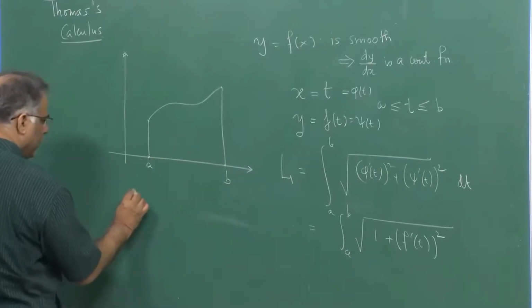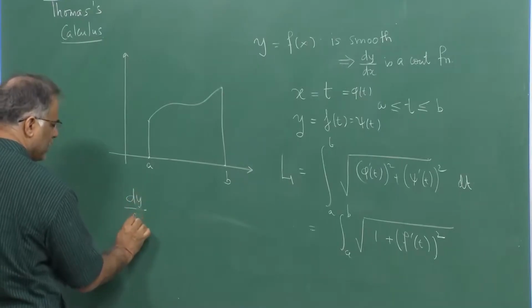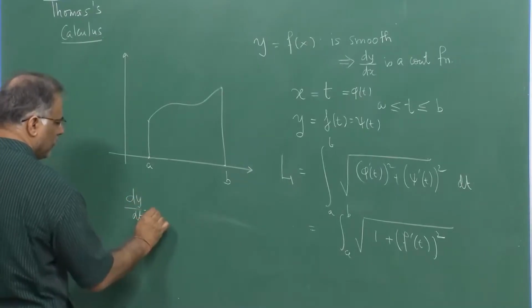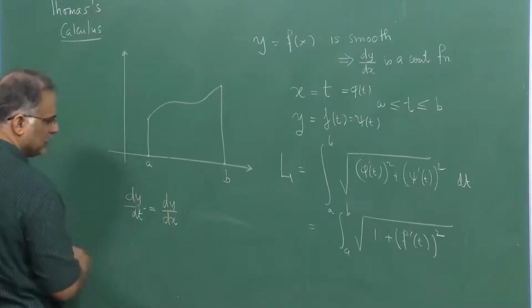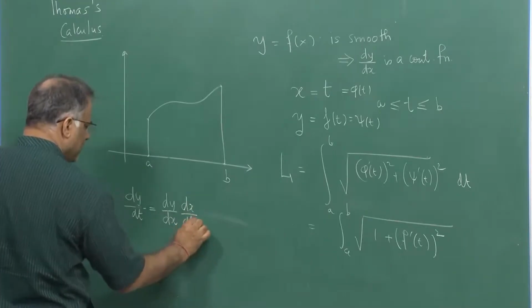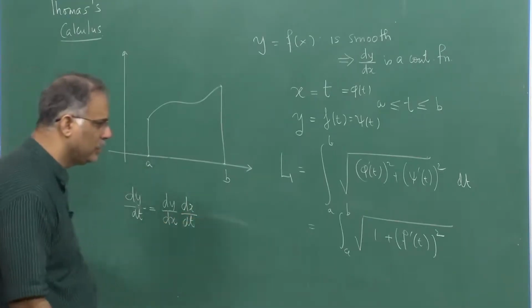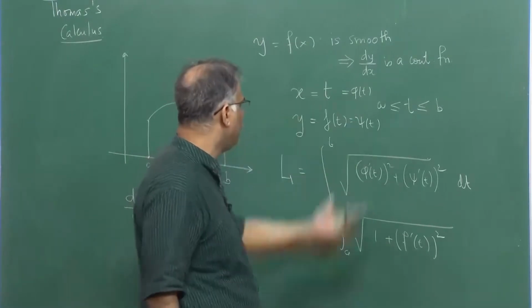So, what is dy? Basically df/dt or rather dy/dt. dy/dt is dy/dx into dx/dt. So, dx/dt is 1, because x is same as the function phi basically.